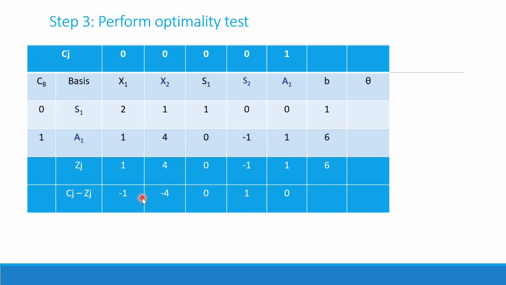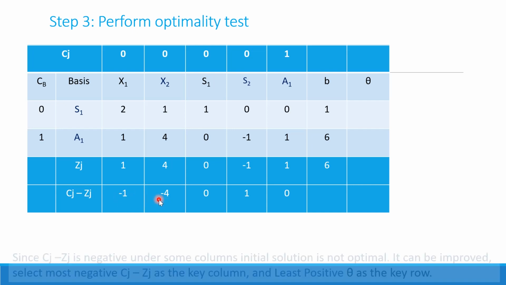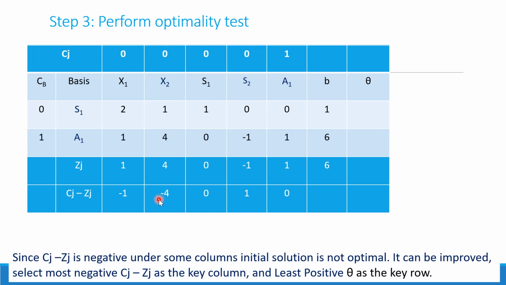Since this is a minimization problem, all the values have to be 0 or positive. That means there should not be any negative values, and we see that there are 2 negative values present here. Therefore, selecting the most negative value. Always remember that whether your problem is of maximization or minimization, the new artificial objective function is always of minimization type.